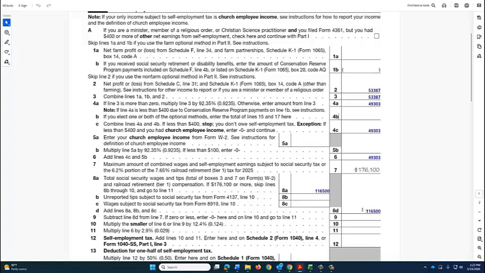And then on 9, we're going to subtract 8D from 7. So 8D from line 7 will give us $59,600. We're going to multiply the smaller of line 6, her earnings, or line 9 by 12.4%.